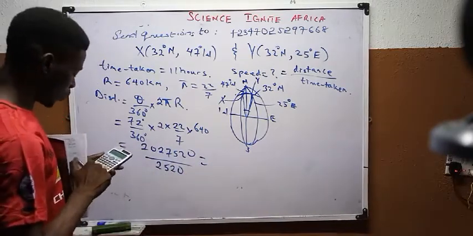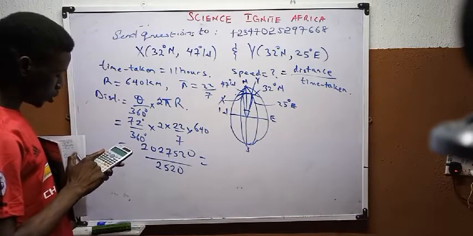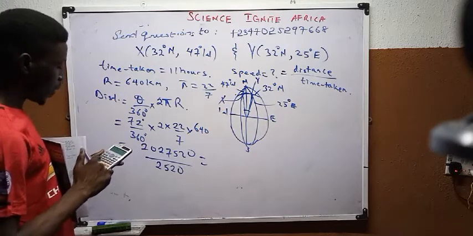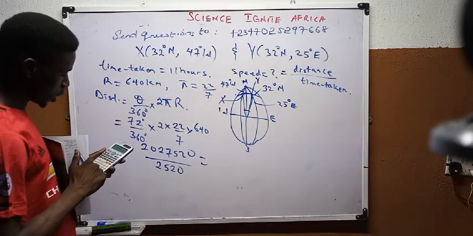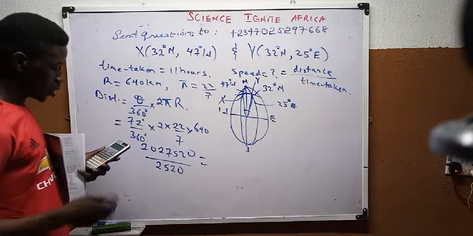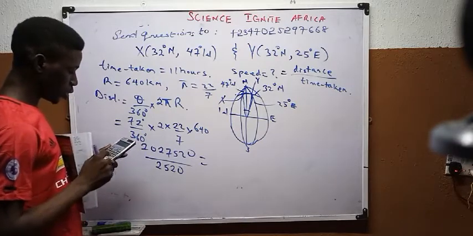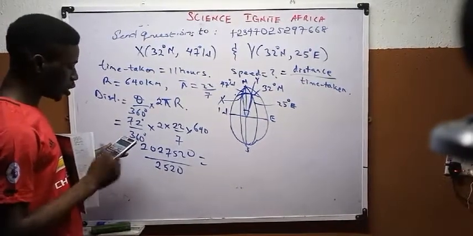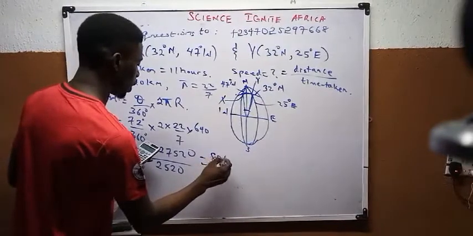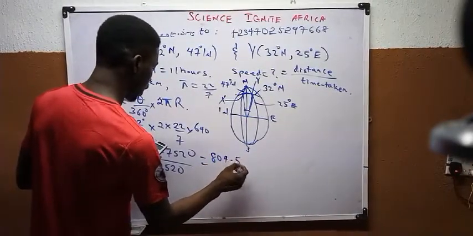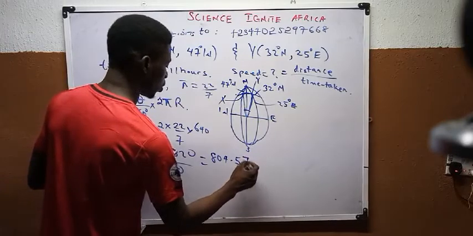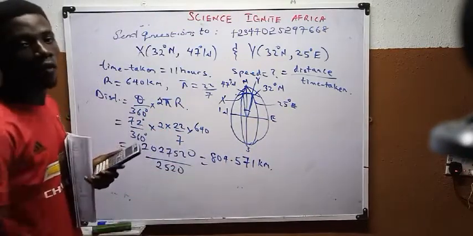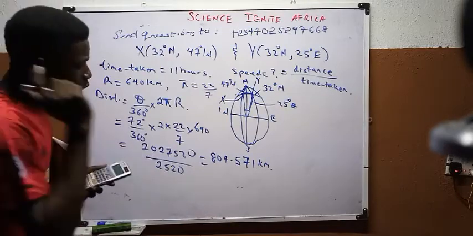So at the end of the day, we'll have 2,027,520 divided by 2,520. So that is 804.571 kilometers. That's the distance covered by the aeroplane.